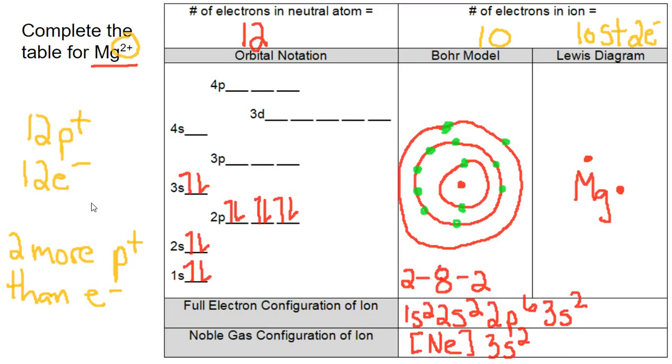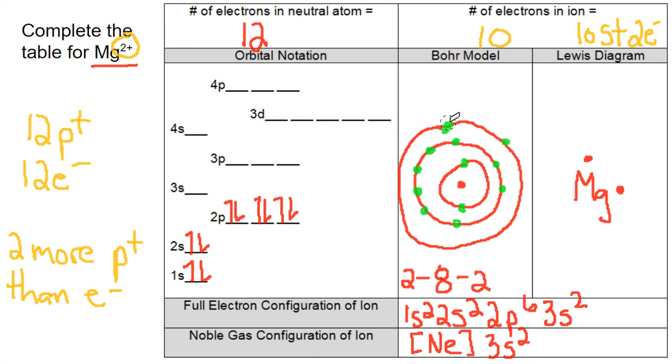So going back to the orbital notation diagram for the magnesium element, it looks like the 3s is our outermost level that's occupied by electrons, and the s and p sublevels on the third energy level only have a total of 2 electrons in them. Okay, the 2 electrons that were lost were the 2 electrons in the 3s orbital.